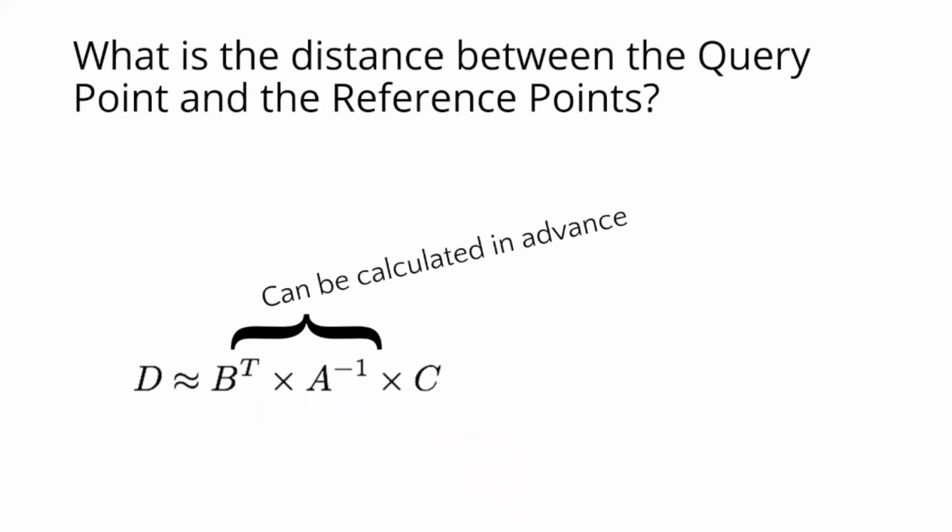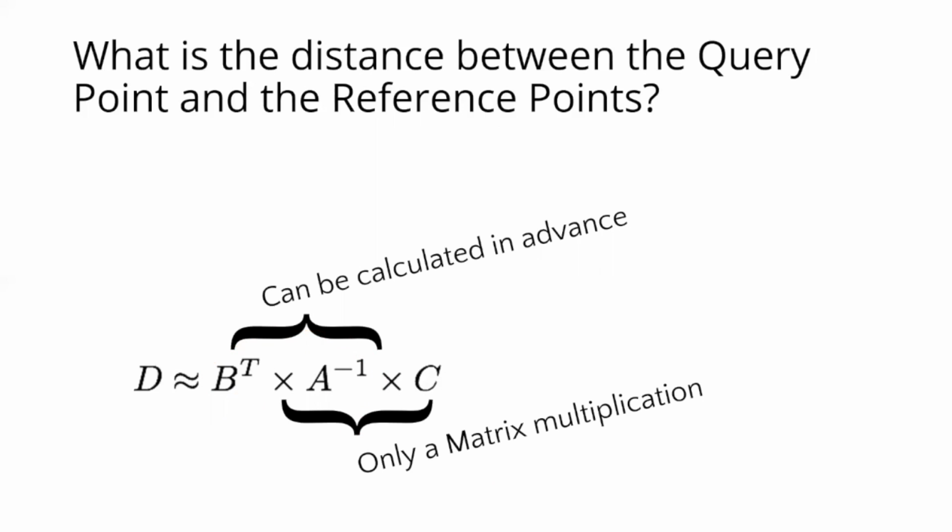That means you don't have to compute this all the time, but instead just pre-compute B transpose times A inverse. Then online, whenever a new query comes in, you quickly estimate the distance from the query point to pivot 1, pivot 2, pivot 3, pivot 4. That can be done fairly quickly.